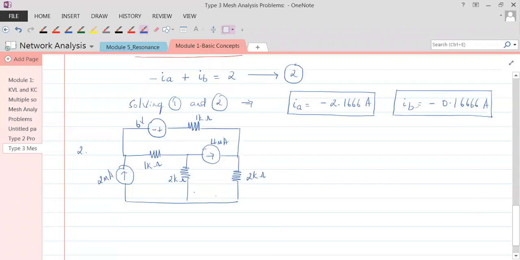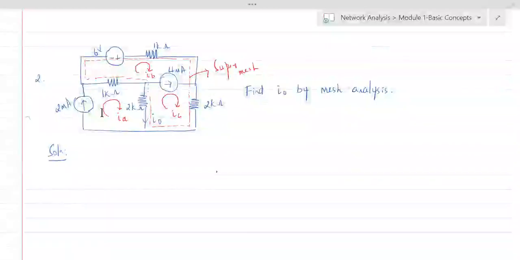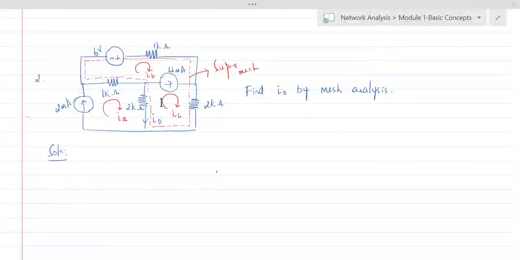And what they're asking you to find is I naught. So the question goes like this: find I naught by mesh analysis. Everybody look at this. This is a 3 mesh problem.